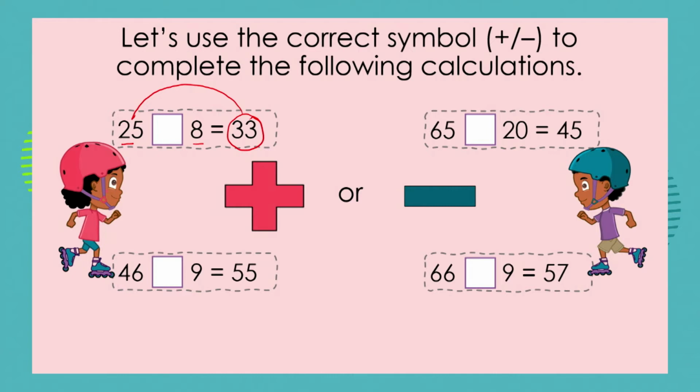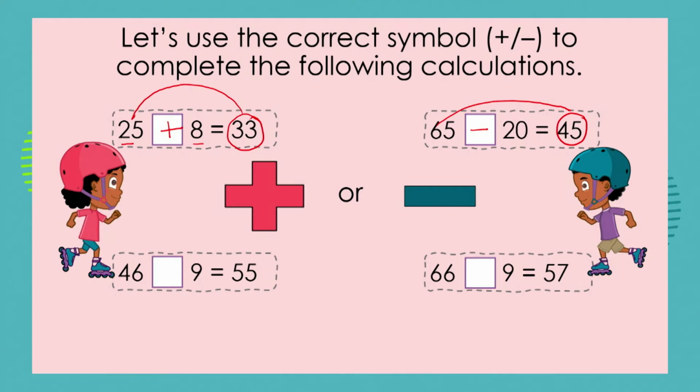The number that I add is 8, so I need to write a plus sign. Then the next one, we have 65 and 20 gives us 45. So 65 and 45. 45 is smaller than 65, so it means I need to take away from 65. So we say minus 20.